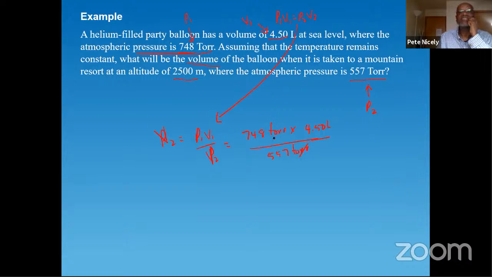The torr units will cancel out here and here. So when we do that, 748 times 4.5 divided by 557, according to my calculations, this works out to be equal to 6.04 liters. So that's basically how that works out.